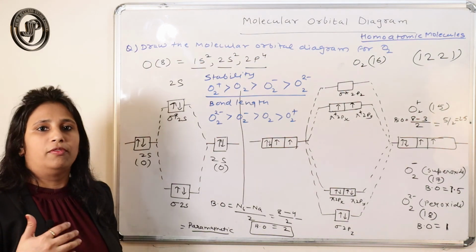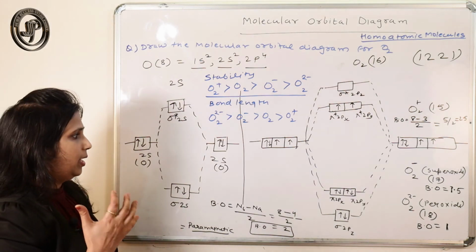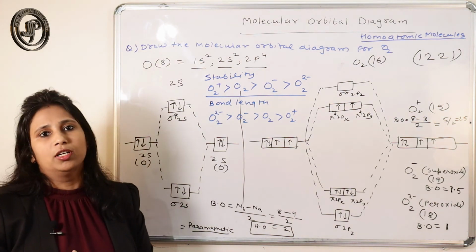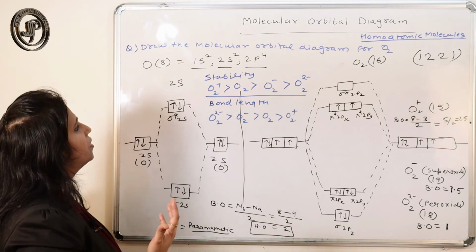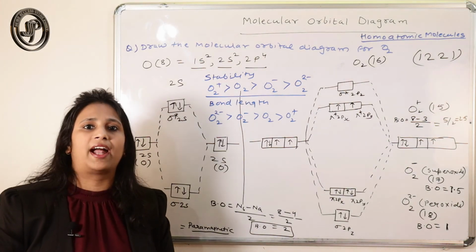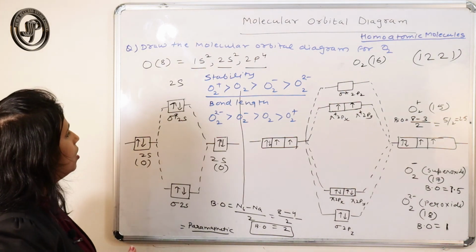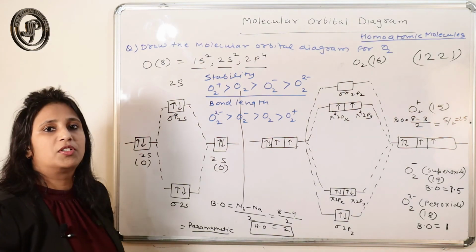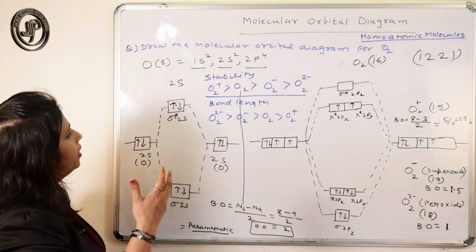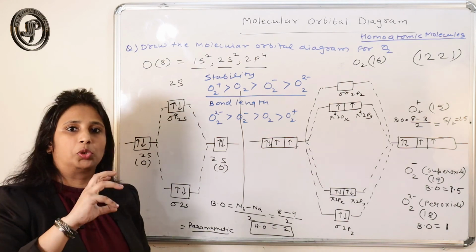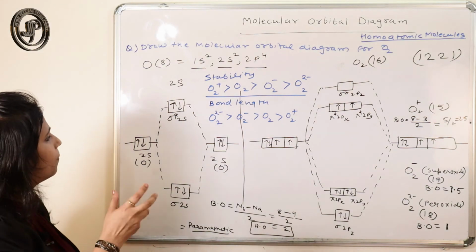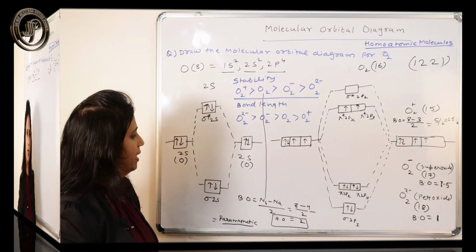So in this way, if we are able to find the bond order, we can compare the stability of different molecular orbitals, their bond dissociation enthalpy, and their bond length.